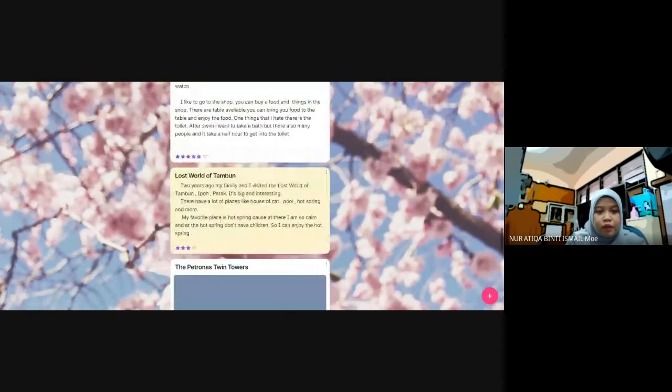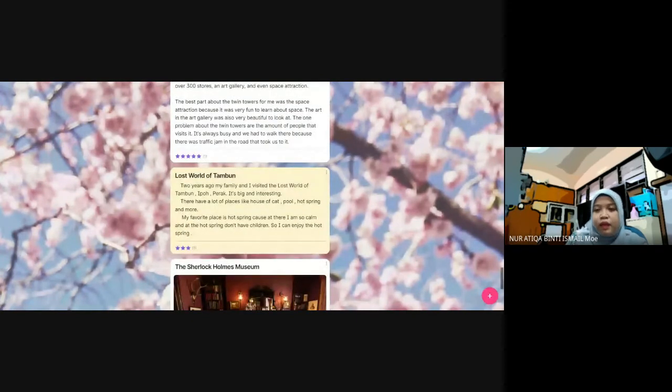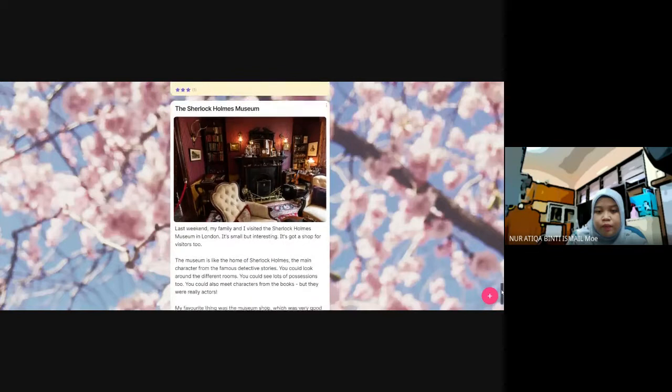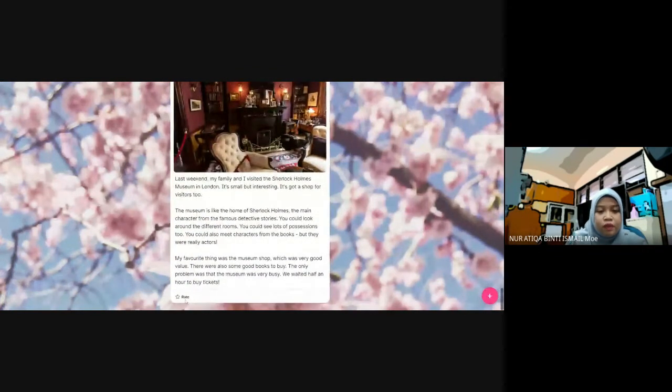For example, it's either 3 or a good one gets a 5-star. For example, this one has not been rated yet, so I'll rate whether it's 3 or 4 stars. Right, so that's Padlet. Later, I'll show you how it works.